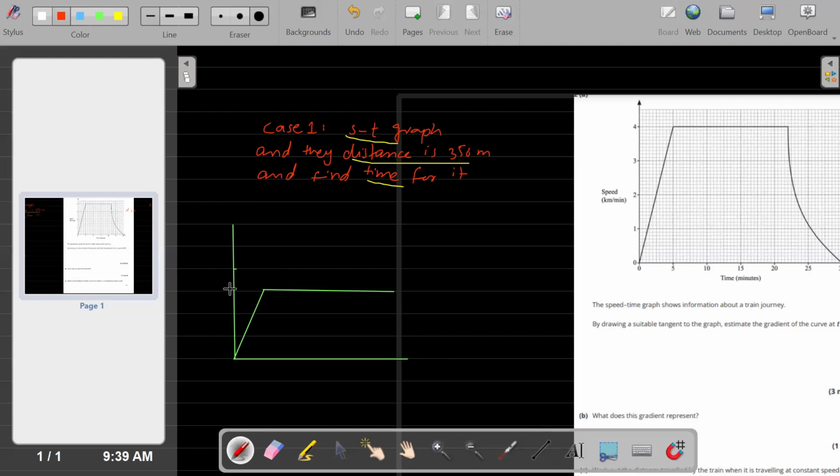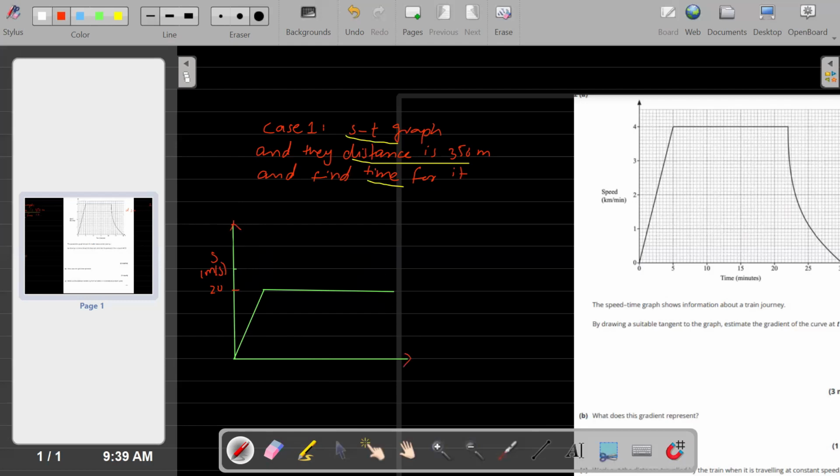This was our speed, suppose it is 20, because it is a speed time graph, or I can directly write it as S, which is in meters per second.